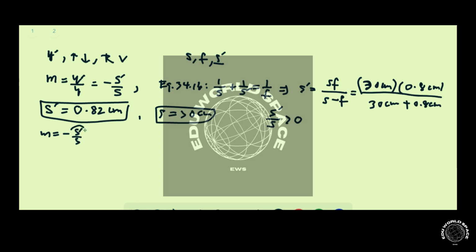So since this quantity is positive, and then there's a minus sign in front here, then m itself is negative. So right away, when m is negative, this implies that we have an inverted image, which is consistent with the figure we drew.